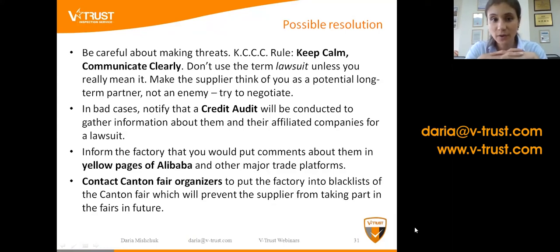In bad cases, notify that a credit audit will be conducted to gather information about them and their affiliated companies for a lawsuit.